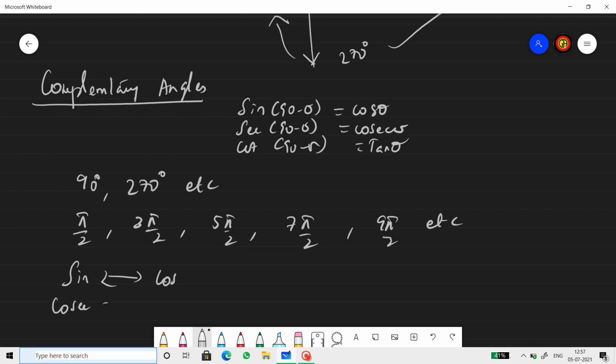Cosec gets converted to sec, and sec to cosec, vice versa. Tan gets converted to cot, or cot to tan.